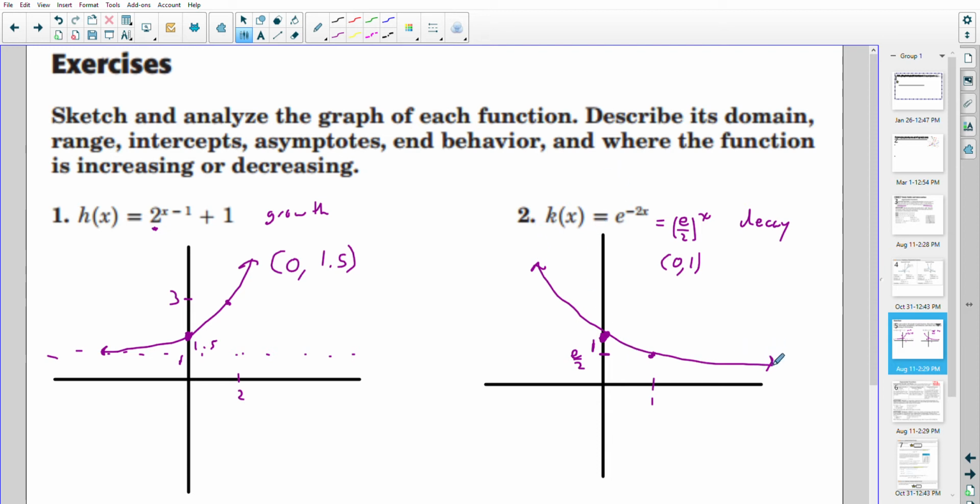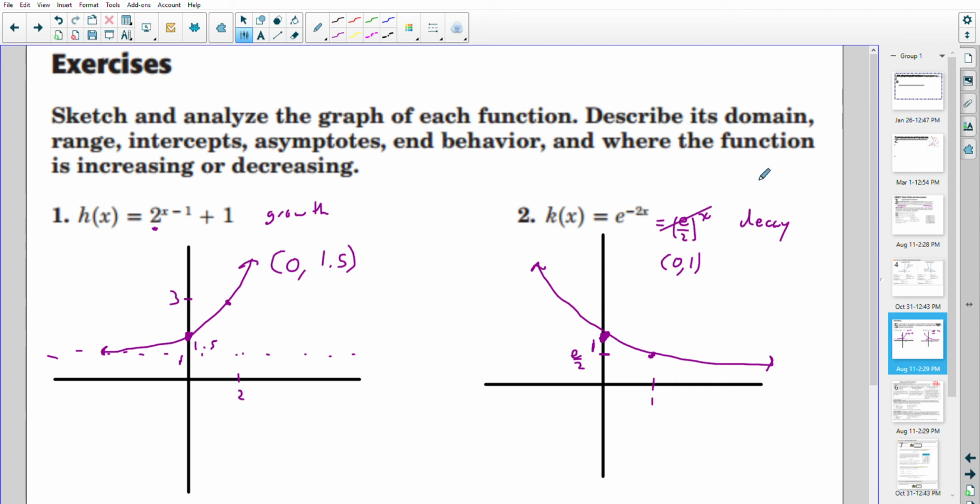And as x goes toward positive infinity, my f of x is going to go toward 0. And in this case, no matter what point you choose, if you were to draw a secant, these are going to have a negative slope, which means it's going to be decreasing.